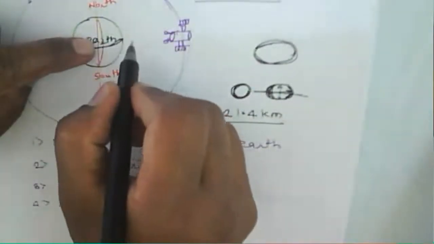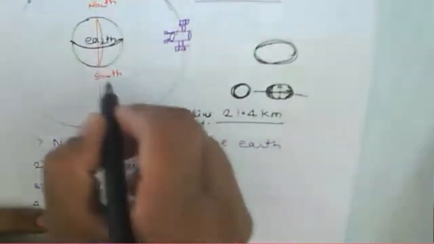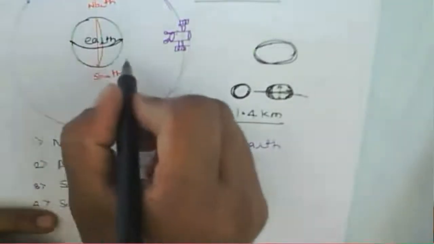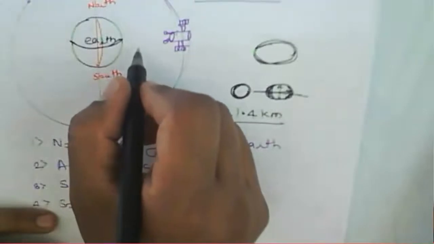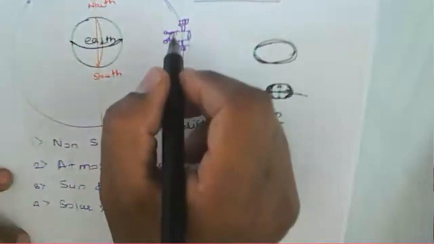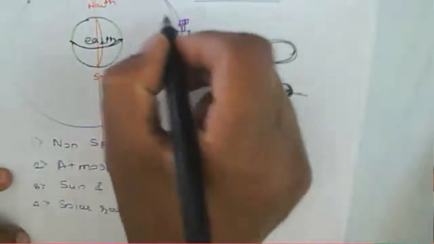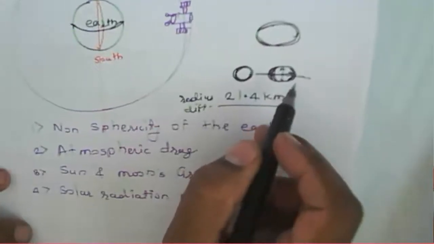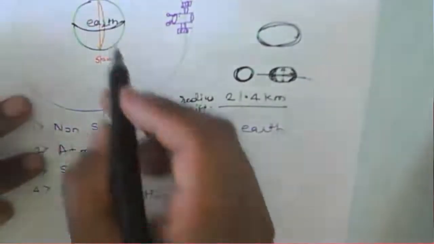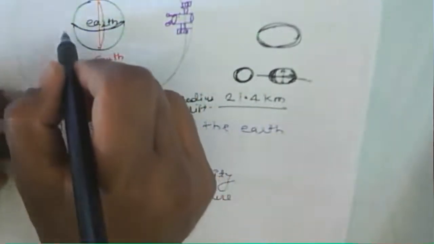Or from the Earth, if you see the longitude and the latitude angle, there is a small change in the longitude. That change is nothing but a small value, because there is a disturbance in the shape of the satellite's orbit. And another issue is what?